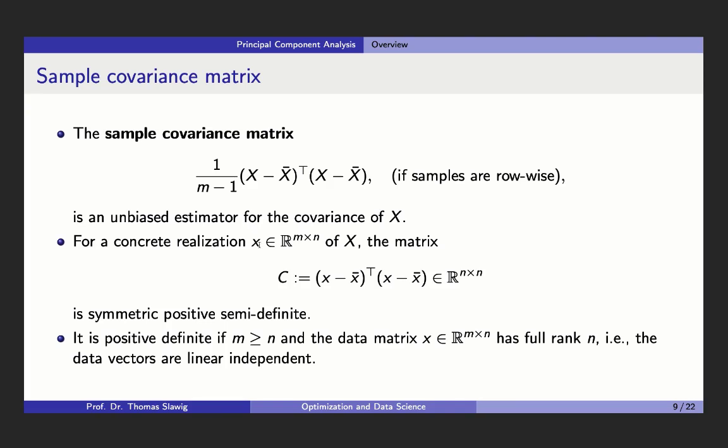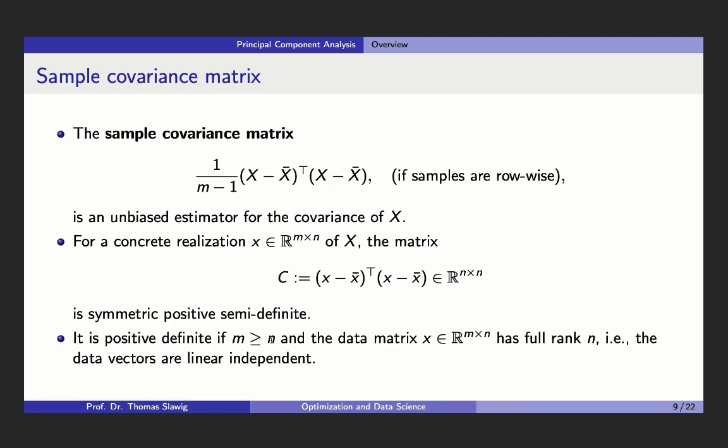If we now go to the data, we have a concrete realization, lowercase x in my notation, then we would have this matrix here, which in the estimate again has this factor in front of it. But the main point is that this matrix appearing here is a symmetric positive semi-definite matrix, and it is even positive definite if we have more samples than entries in the sample and the data matrix has full rank.